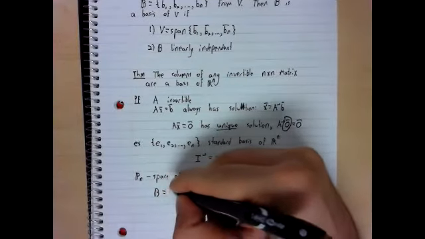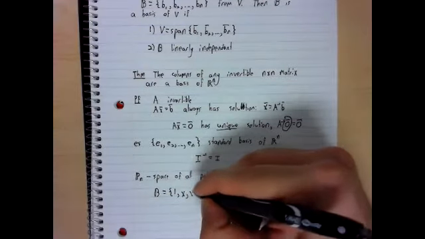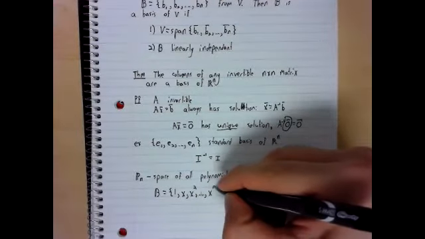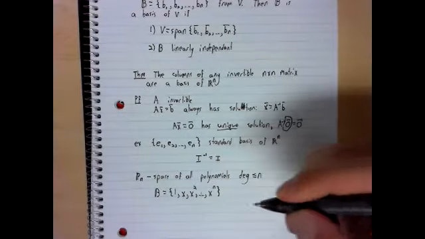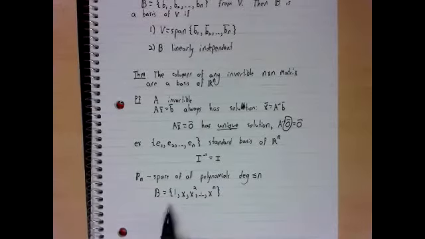This has a basis of the following polynomials. I mean, it's hopefully pretty clear that more or less by definition, any polynomial of degree less than or equal to n is a linear combination of these things. And it's hopefully also clear that these are independent.